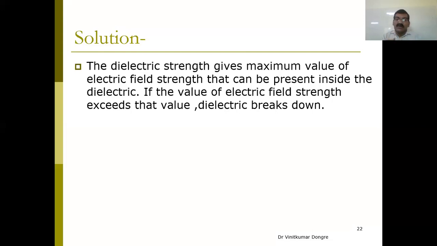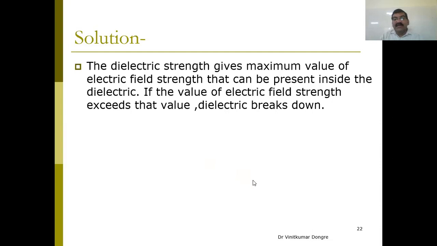Whatever the air is there, it has a certain dielectric strength, meaning the field strength that can be present inside the dielectric, the separation that can be allowed by the air.